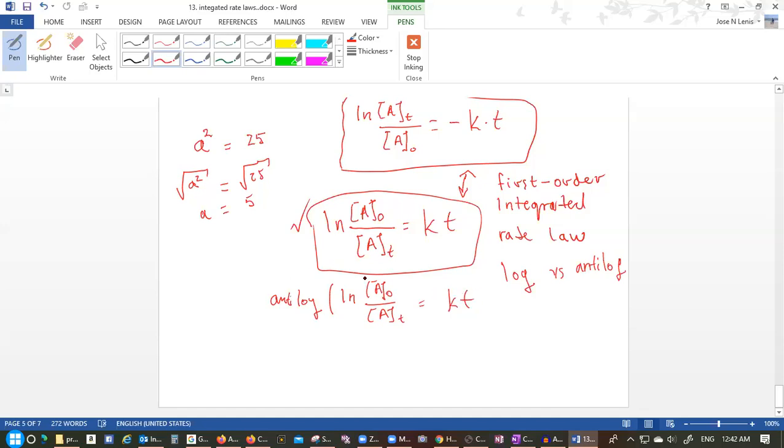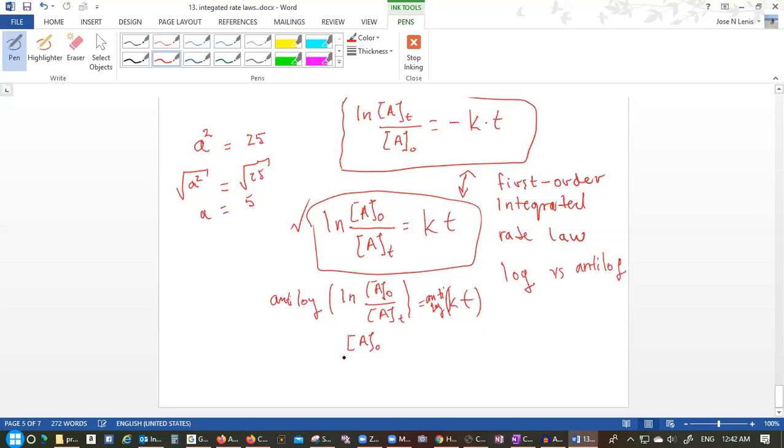So if you take anti-log on this side, you must take anti-log on the other side. Anti-log of this term. So what is the anti-log of natural log of this term? So it cancels out.